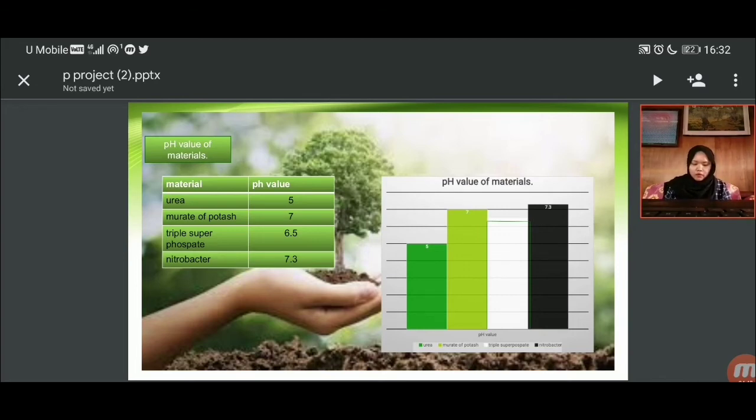Even though it doesn't achieve the perfect pH value for Nitrobacter, it also gives a good reaction for our fertilizer. So the pH value of the materials that we use can give the reaction that we want to make a fertilizer for kailan in our experiment.